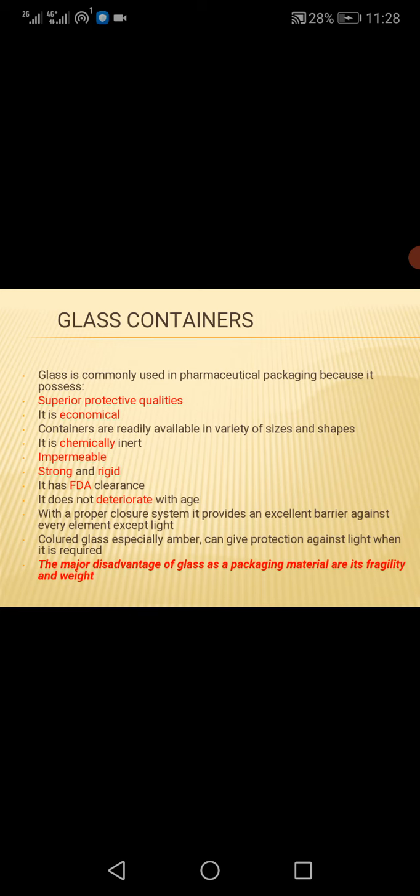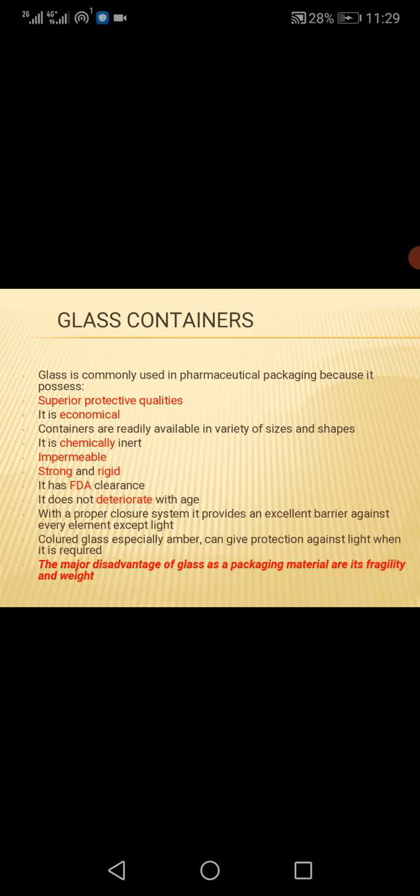إذا الكلوجر سيستم بتاع الغطا بتاعه provides an excellent barrier against every element except light. Closure glass, especially amber, gives protection against light when it's required. يعني مشكلتنا اللايت هنحلها بانه اذا عندنا product sensitive to light بستعمل الامبر glass.